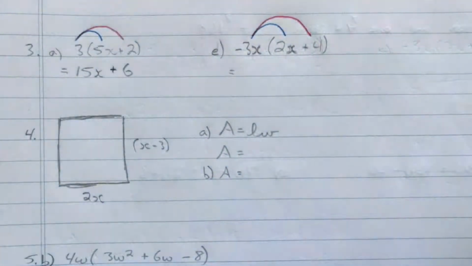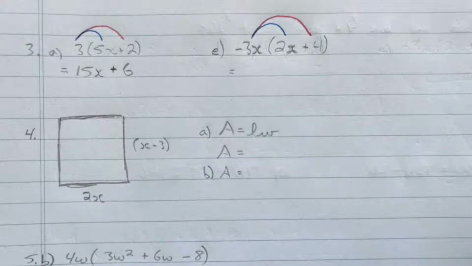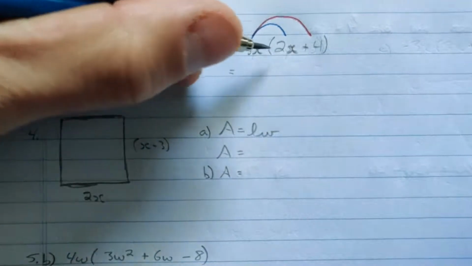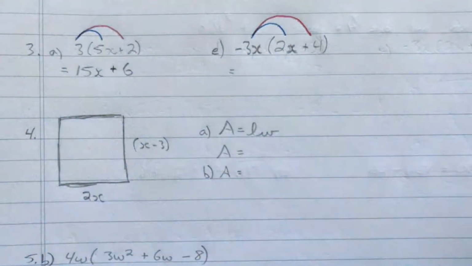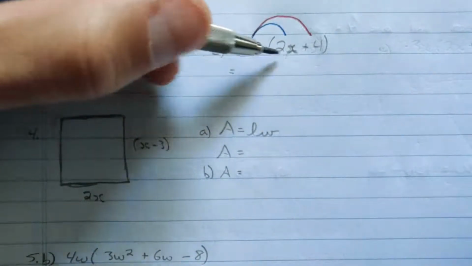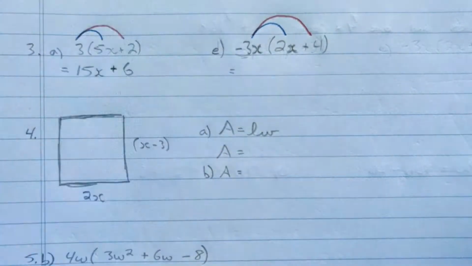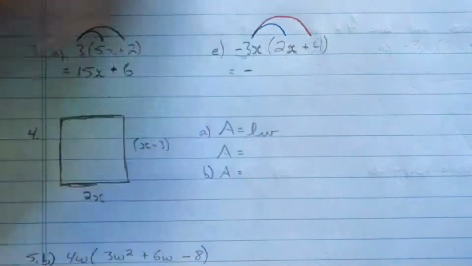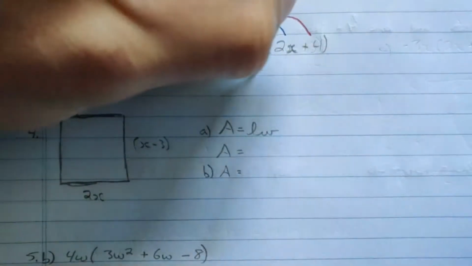So again, everything inside the brackets gets multiplied by the term outside. So numbers by numbers, and then letters, if there are multiple letters, get combined. So we start with negative 3 times 2. Negative times a positive is going to give us a negative. 3 times 2 is 6.